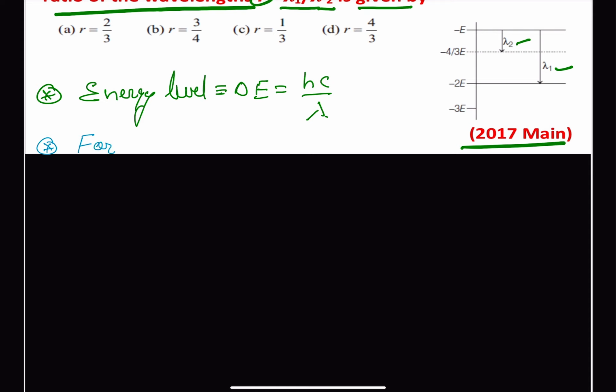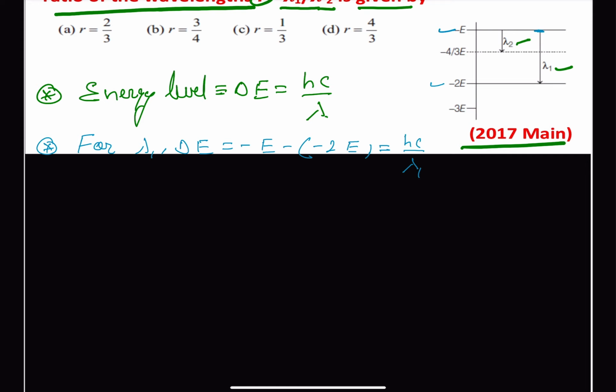So for lambda 1, delta E will be equal to minus E minus of minus 2E, because the transition takes place from minus E to minus 2E, and this will be equal to hc upon lambda 1.